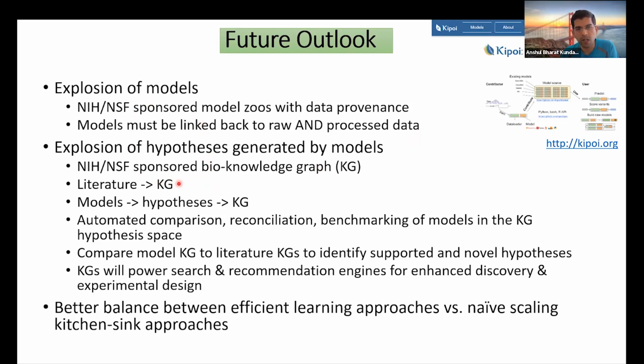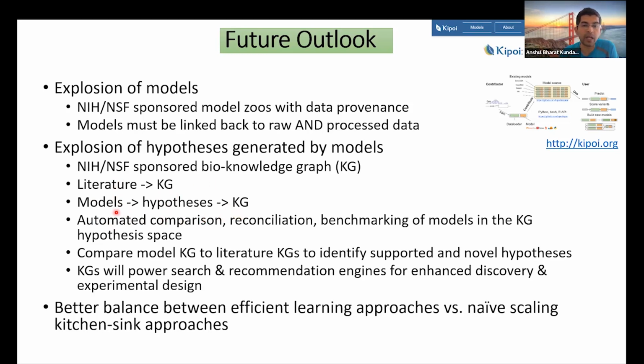Similar to the explosion of models, there's going to be an explosion of hypotheses generated by models. And so how do we compare models in hypothesis space? I think that's an interesting question. One idea, which Marinka touched on yesterday as well, is having these really huge unified knowledge graphs. That's a pretty interesting approach where literature is encoded in the knowledge graphs, but you can also take models, extract hypotheses like the ones I showed you, and embed those in knowledge graphs too.